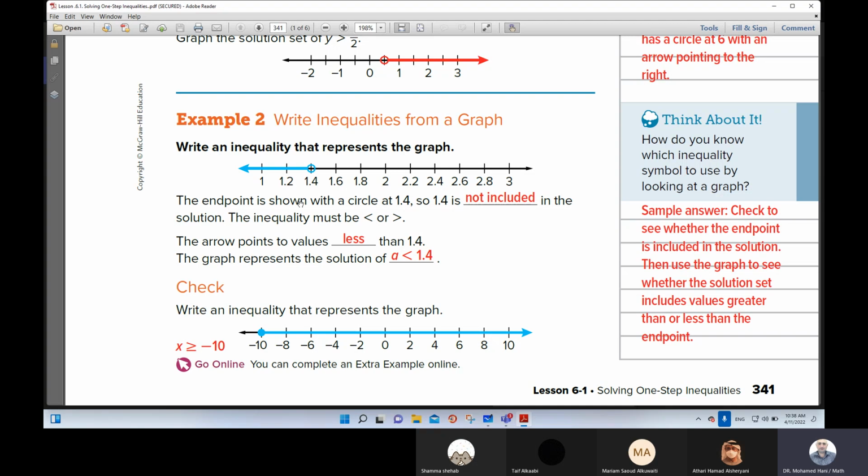So the endpoint is shown with a circle at 1.4, so 1.4 is not included in the solution, so the inequality must be less than or greater than. But the arrow points to values less than 1.4. And the graph represents the solution, here the variable A less than 1.4.